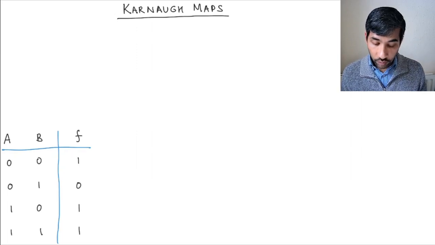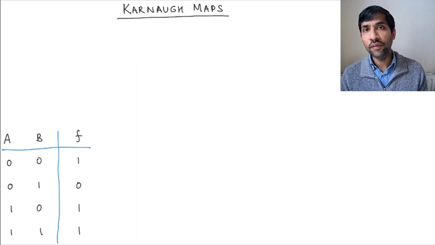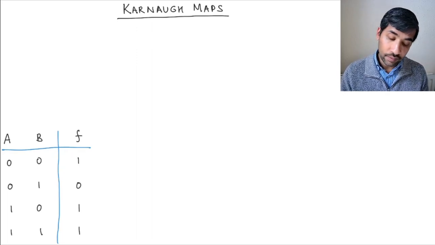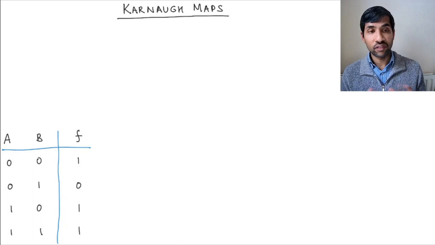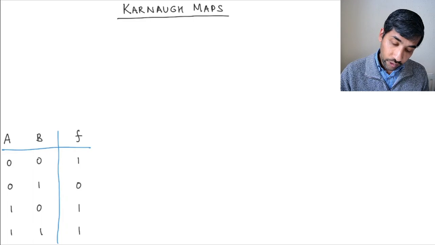So the truth table that I'm going to look at is given here. This is the truth table that we have been looking at before as well. And what we want to do in Karnaugh Maps is convert this truth table into a slightly different form. The form we are going to take is we're going to draw it as a square here.